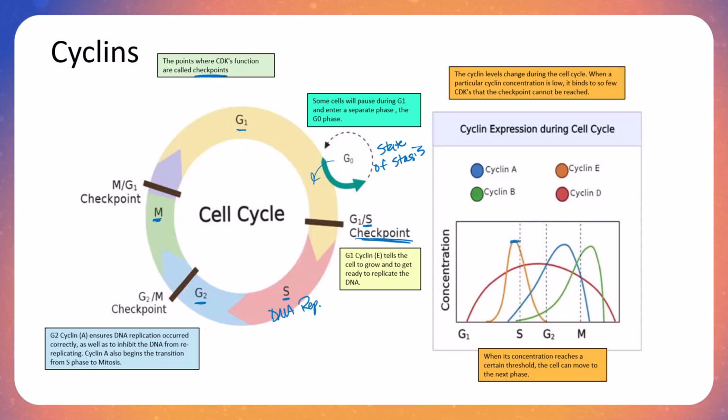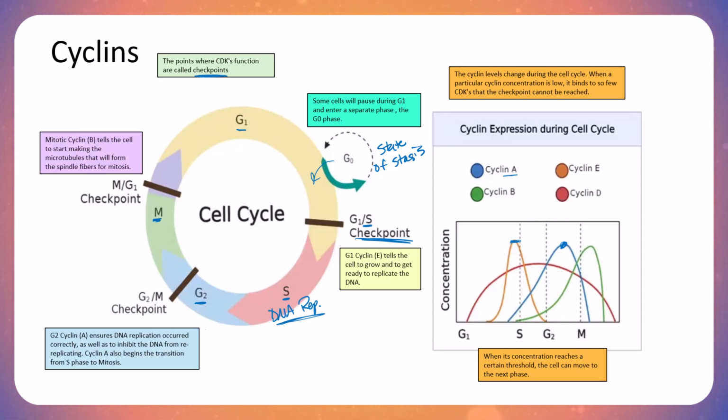Cyclin A also begins the transition from S phase to mitosis. Again, if DNA replication occurs during S phase, then that cyclin A, which you'll see, cyclin A, blue, is the next one. Cyclin A, once it reaches that threshold, will open the gate and will allow the cell to progress through S into G2 so that it is ready for mitosis.